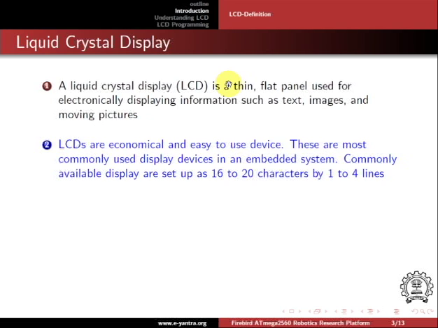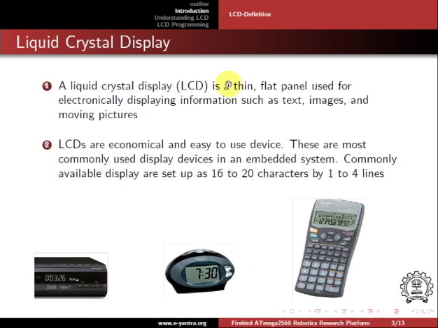LCDs are available in various flavors and are characterized by character set it can display. A commonly available LCD can display 16 to 20 characters in 1 to 4 lines. There are some typical embedded systems like calculators, digital clock, etc., where we usually see the application of LCD.